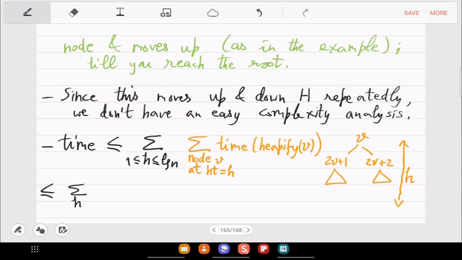So this time is the same everywhere. So we just have to multiply that time with the number of nodes at that height, which I am calling nh. So nh is the number of nodes at height h.